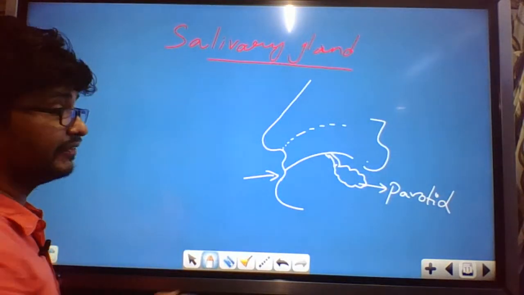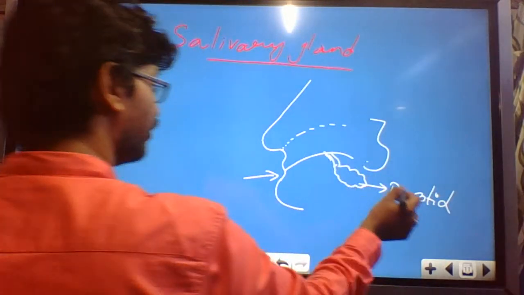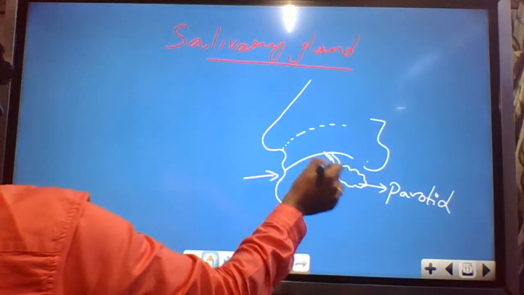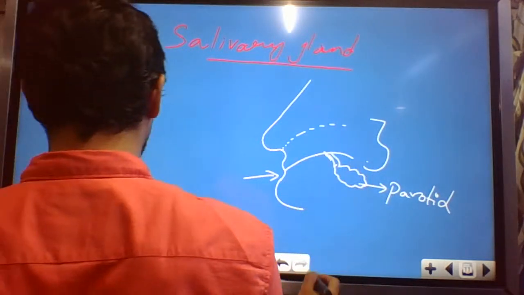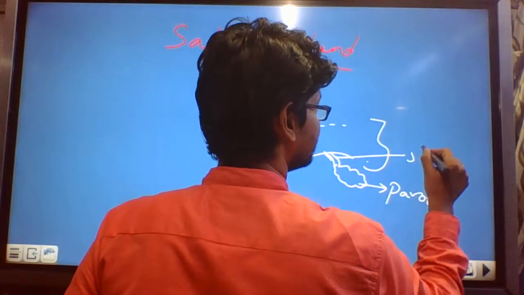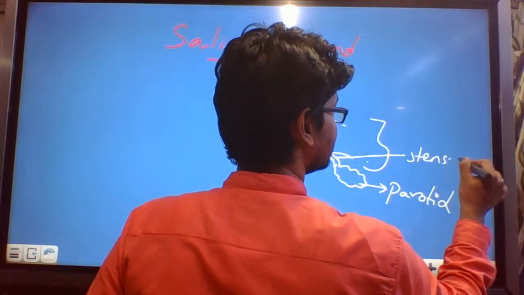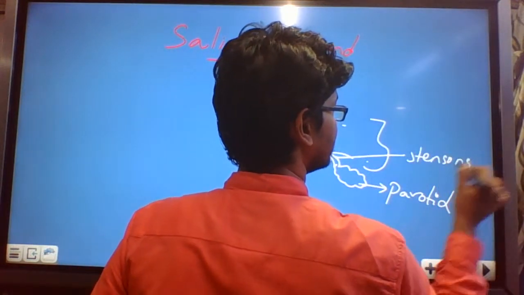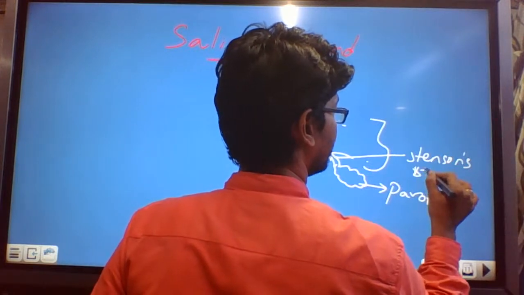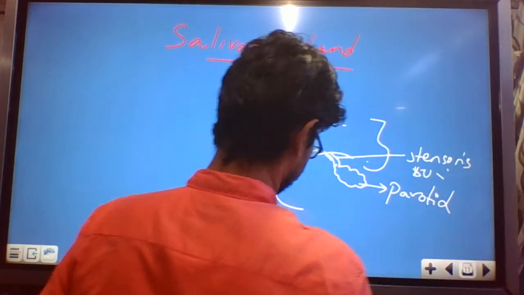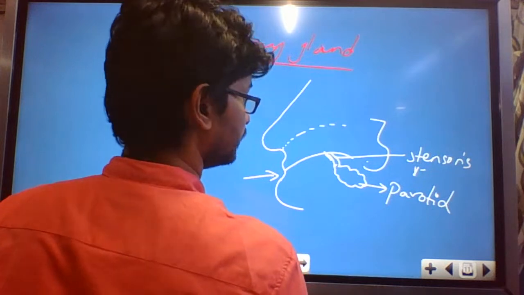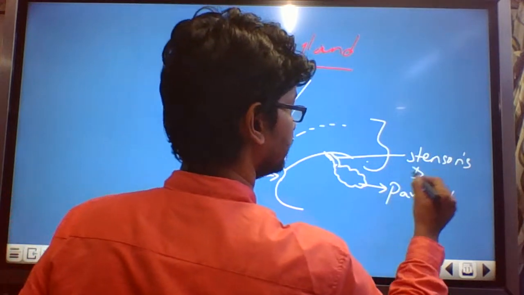Parotid is the largest salivary gland, and it is connected with a duct, right? This duct is called Stenson's duct. The name of the duct is Stenson's duct, D-U-C-T.